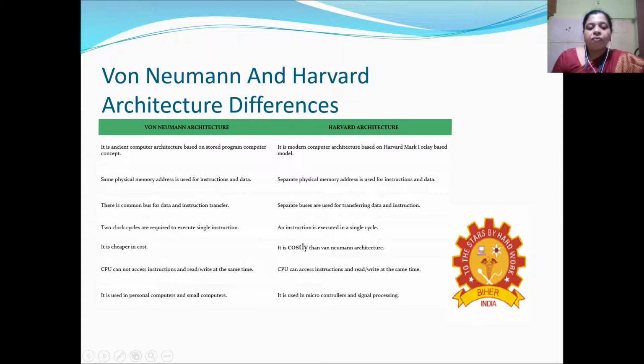As we don't have separate space for program and instruction, simultaneous access of instructions and data is not possible in von Neumann, whereas that is possible in Harvard architecture. Von Neumann is used in personal computers and small computers. Harvard architecture is used in microcontrollers and signal processing applications.